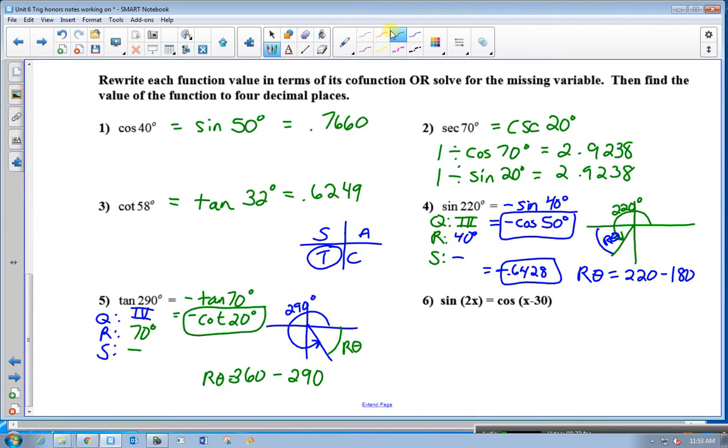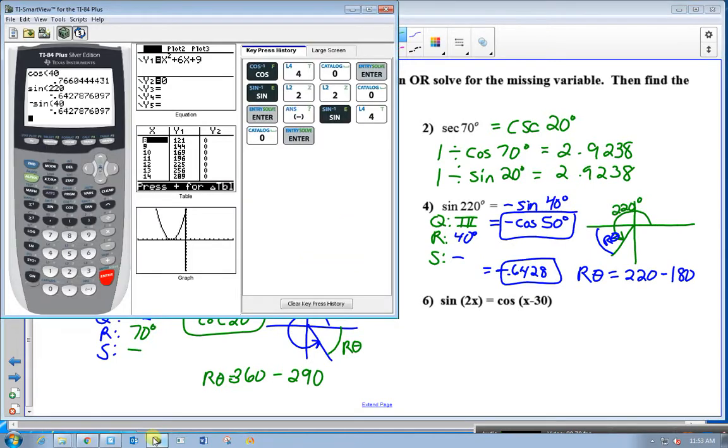Right. And then we can't put that in our calculator, but we can do 1 divided by tan 20 and then put the negative in front, or we can try negative tan 70. They should all be the same. So 1 divided by tan 20 should be the same, except I need a negative in front of it, as the tan of 290.